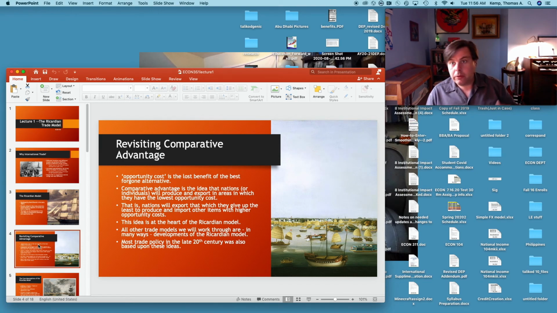Well, then the first nation clearly gives up less to produce a crate of bananas, and we would say they have a comparative advantage in that production, bananas. Okay? All right. This is the basis of the Ricardian model.